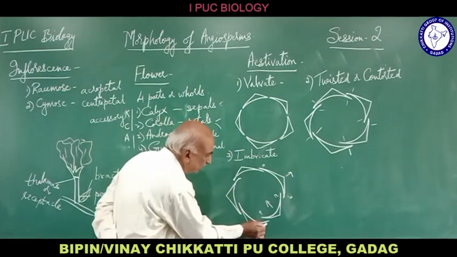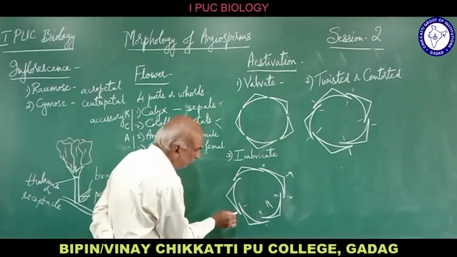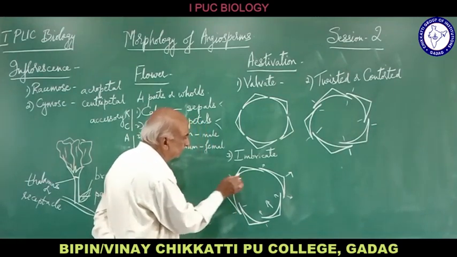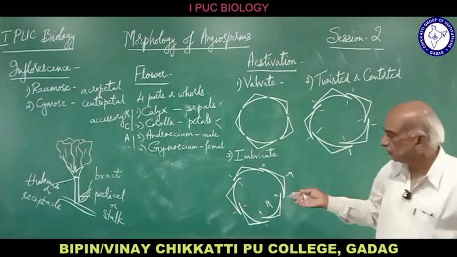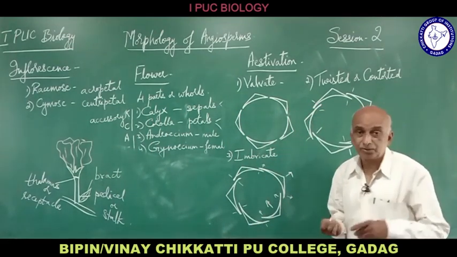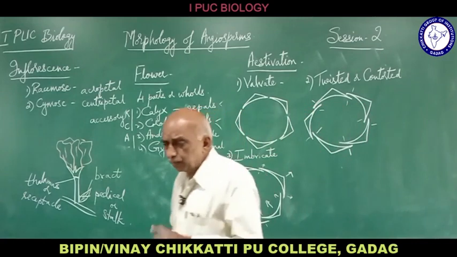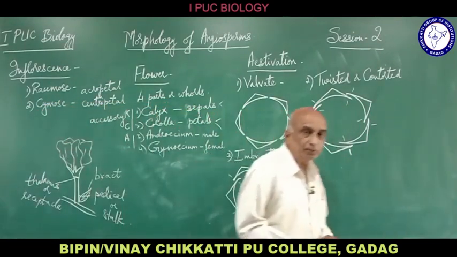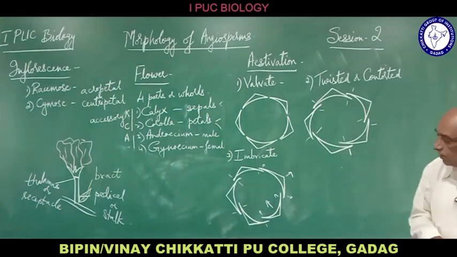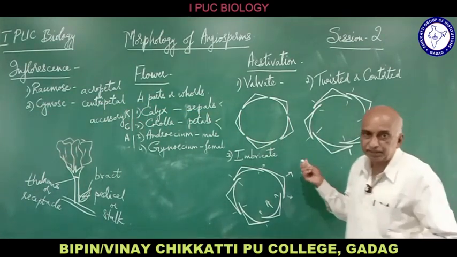Twisted means one edge is outside, one inside: this is outside, this is inside, this is outside, this is inside. Even 4 or 6 can be shown. Whatever the number, I have taken the typical 5 parts. This is called imbricate estivation.